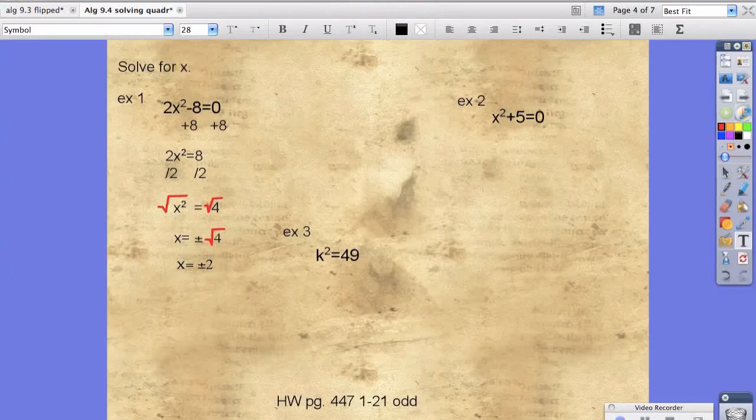Example 2, we have x squared plus 5 equals 0, so we're going to subtract 5 to both sides. We're left with x squared equals negative 5.